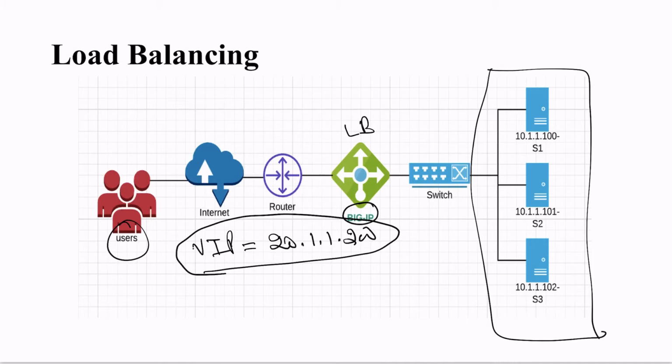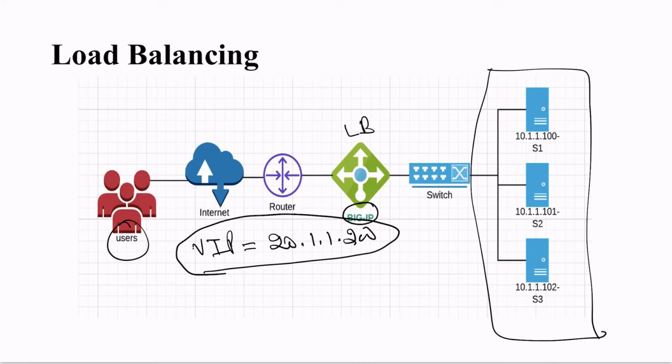When a user accesses this VIP, this load balancer will forward that request to one of the servers, depending upon the type of load balancing we are using. Let's say that we are using round robin.